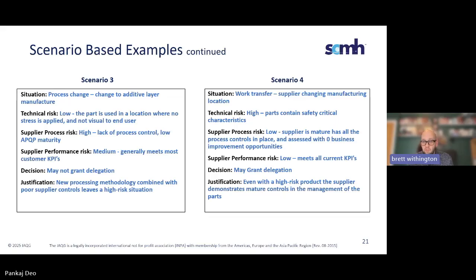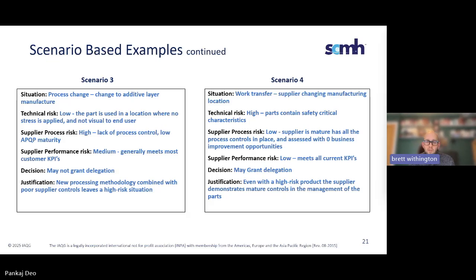It would be almost unfair to penalise them because of that capability. But you still want that capability in the organisation if someone's going to sign a PPAP. So for that one, you may not grant, but it may not be too difficult to work with that supplier to get them into a better position to sign off that product.